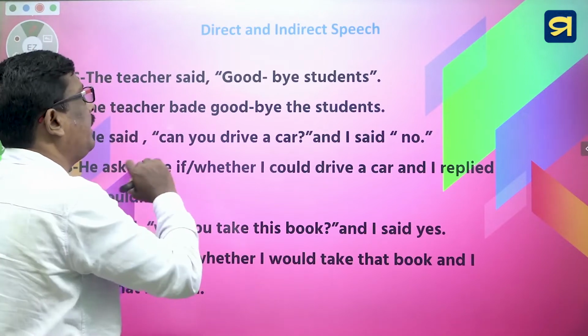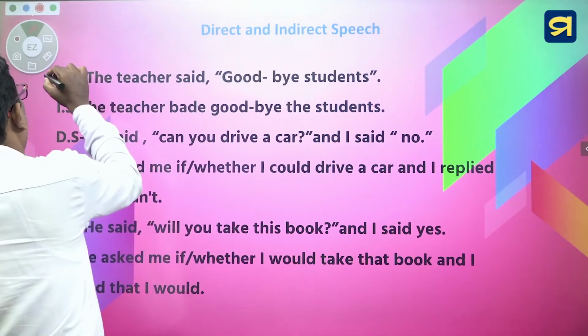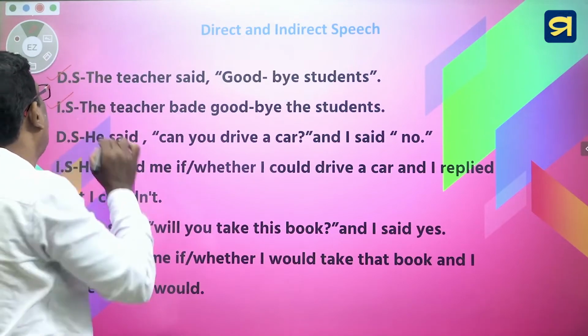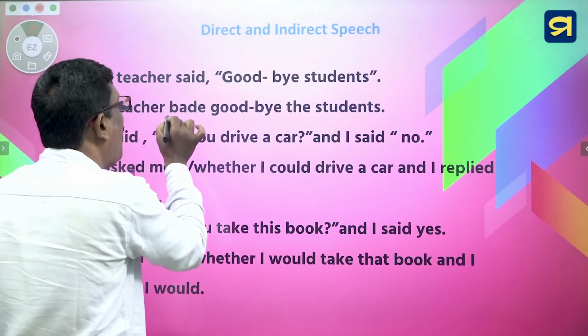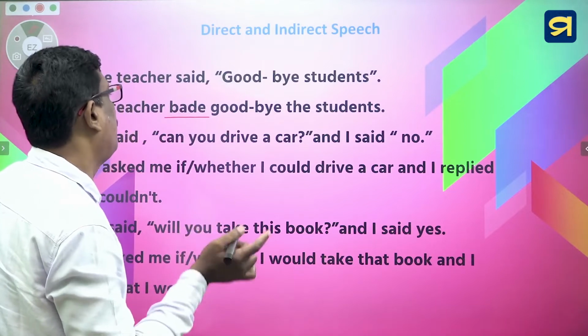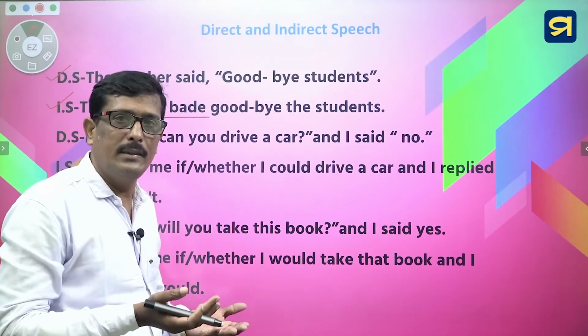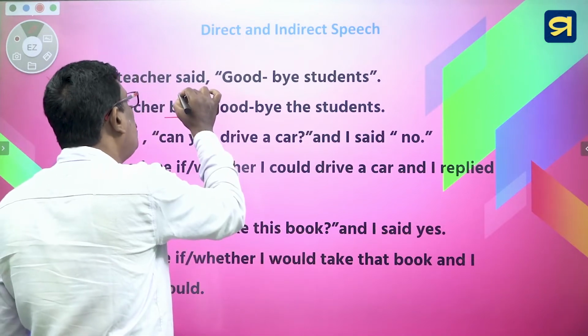The teacher said, "Goodbye students." You see, this is direct speech. And when we change from direct speech into indirect speech, you see, the teacher bade. Why? Generally, bid is the present tense and bade is its past tense. And when we say goodbye, we can use this verb.